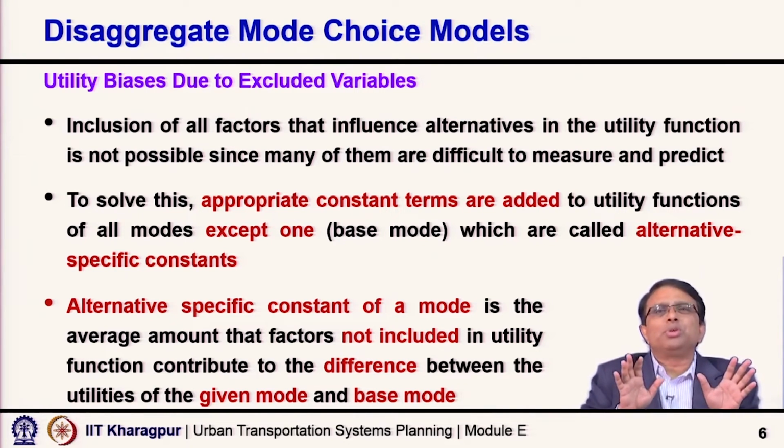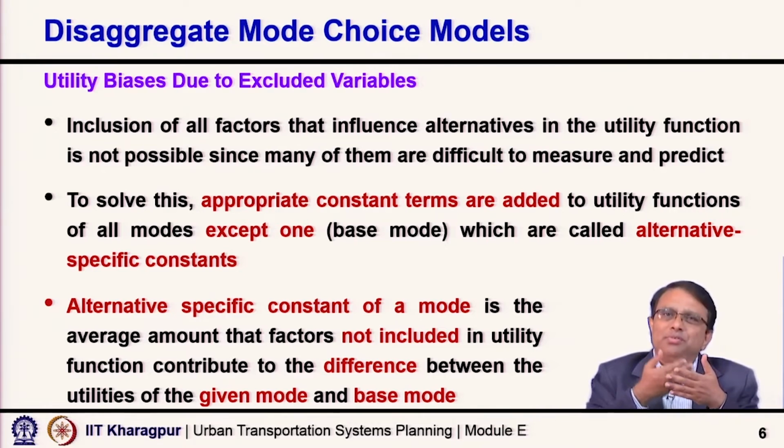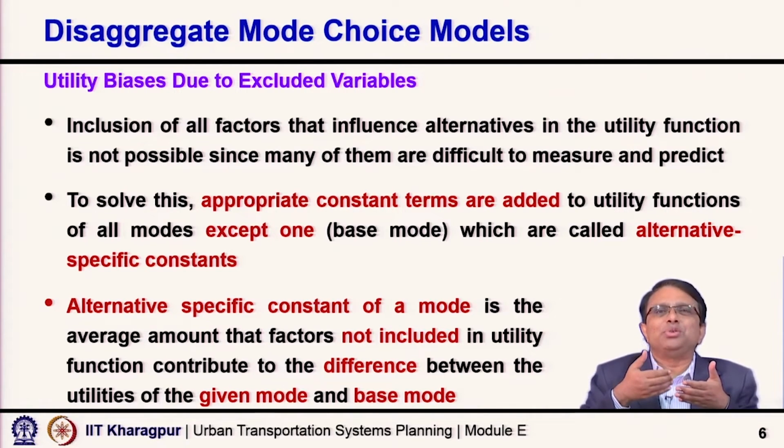So any mode you can take as a base mode, it does not really matter, because it is then with reference to the base mode what is the additional utility or disutility for another mode. So for all other modes except the base mode, it will have a value other than 0.